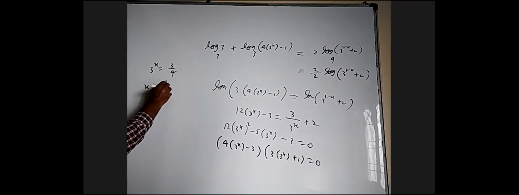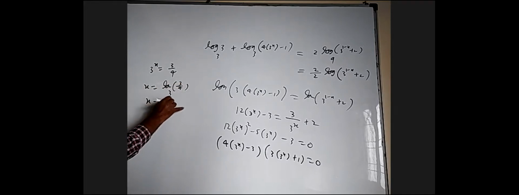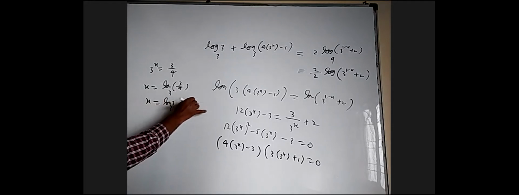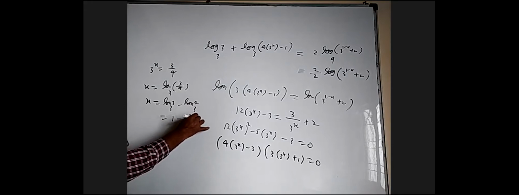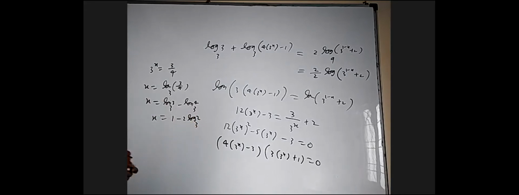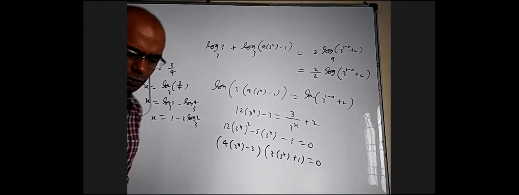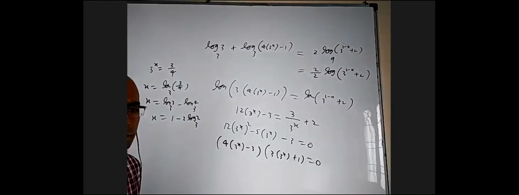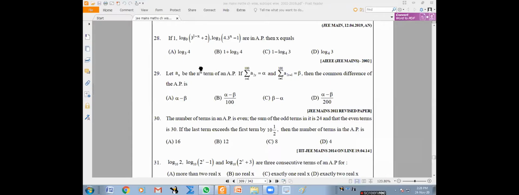x is equal to log of 3 by 4 base 3, which is log 3 base 3 minus log 4 base 3. Log 4 you can write as 2 square, so 2 log 2 base 3. That is his answer. Or leave it as log 4 base 3 only, 1 minus that.